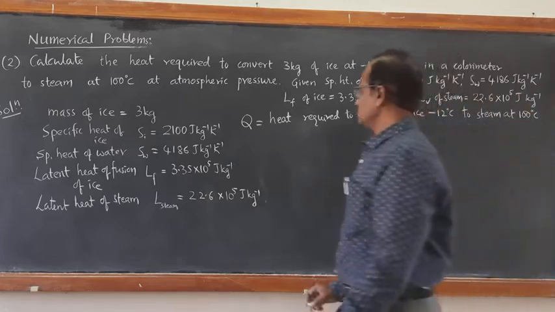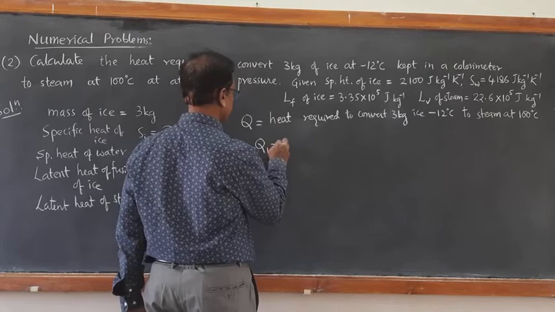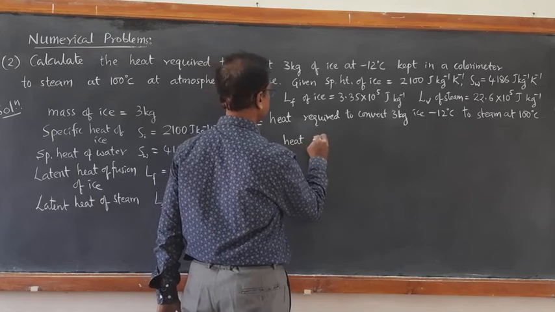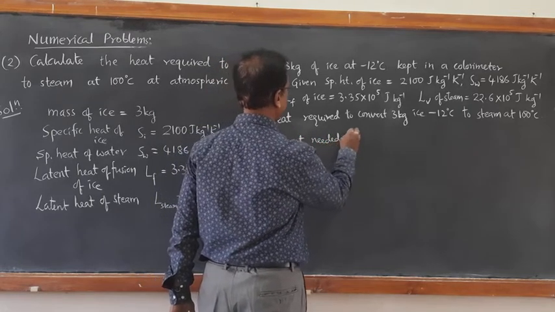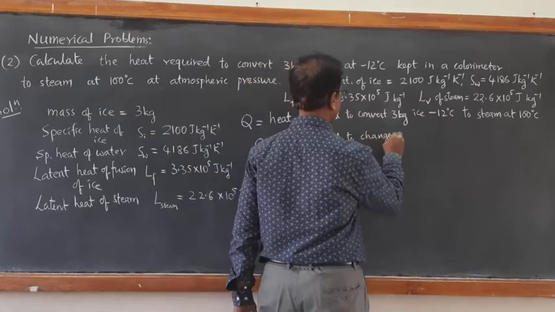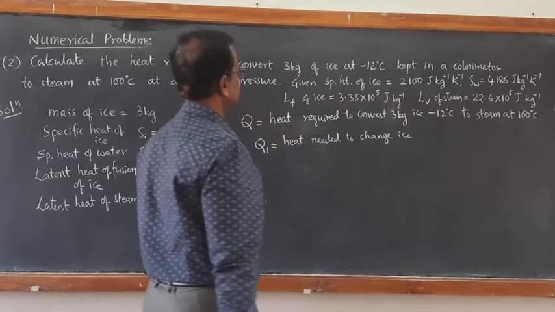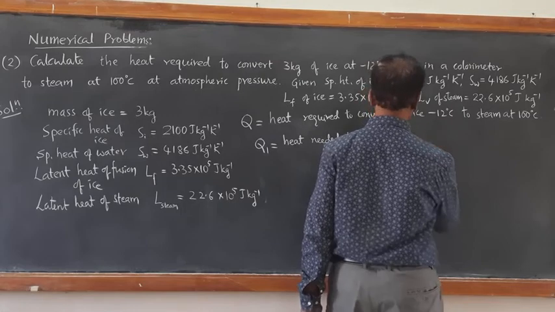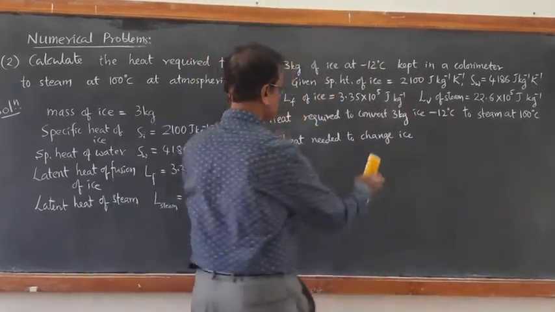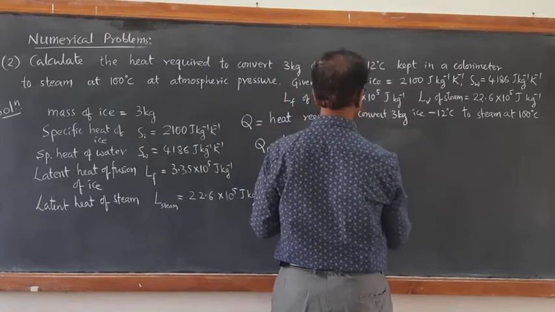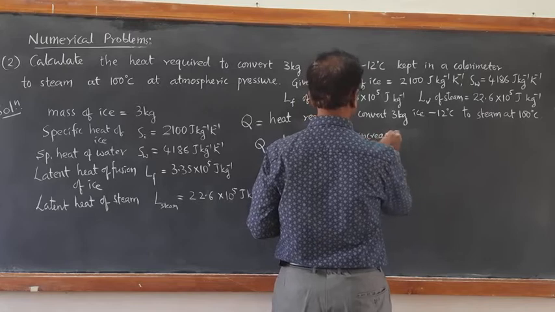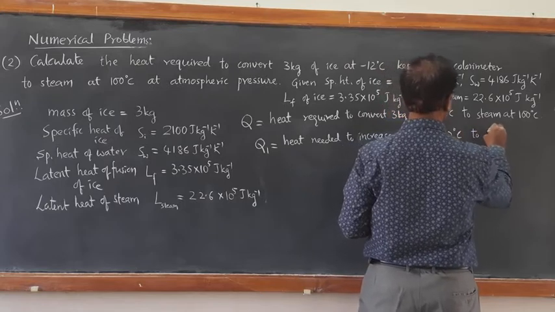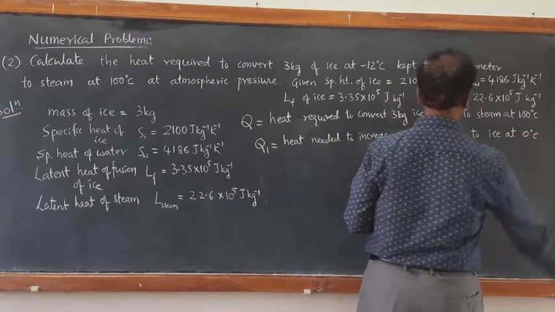This is Q. This Q is equal to Q1, that is the heat required to increase the temperature of ice from minus 12 degrees Celsius to ice at 0 degrees Celsius. This is Q1.